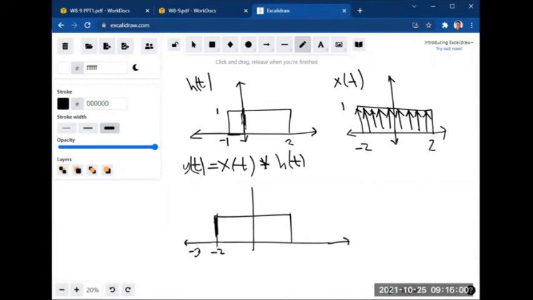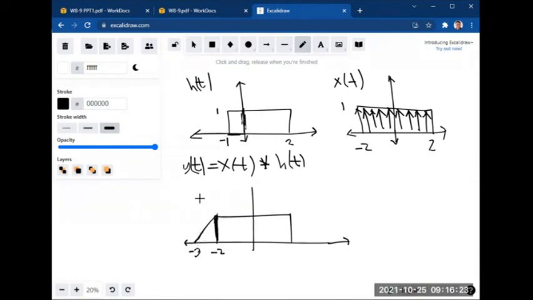It will not predict that the input signal will start here. Once the input signal is activated here, the voltage of the impulse response will slowly rise. It will be slowly rising because the input signal is here, not here.